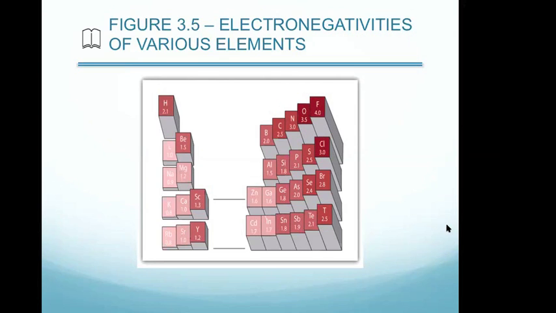So what you're looking for is which of those elements has the smallest number on the electronegativity. So silicon would be in the middle, right? Yes, silicon would be in the middle. Very good. And again, when you're in doubt, you're going to put silicon in the middle.